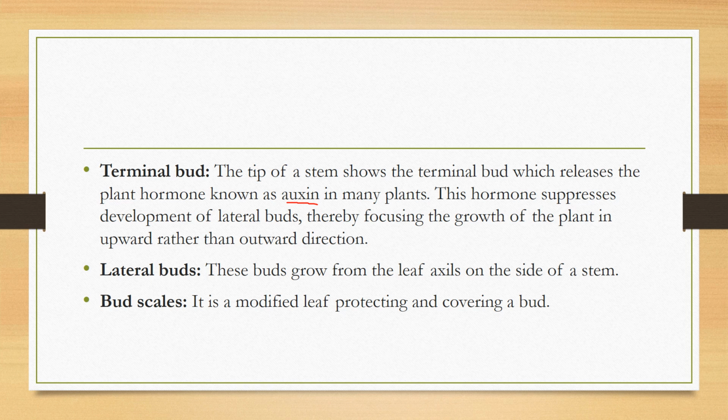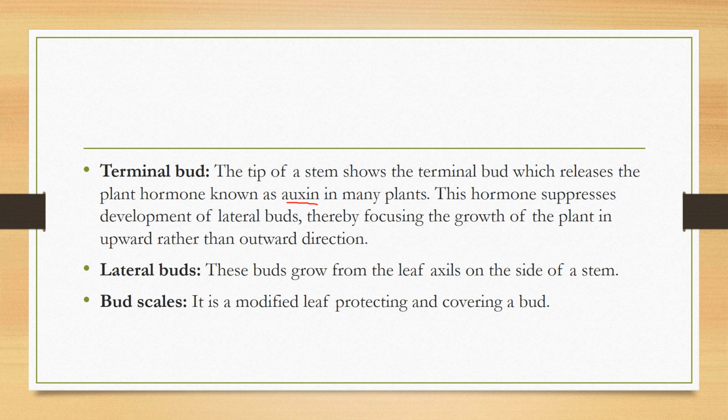So through this hormone, the stem can elongate in the upward direction, because this hormone stops the development of lateral or axillary buds, to stop them from arising branches.